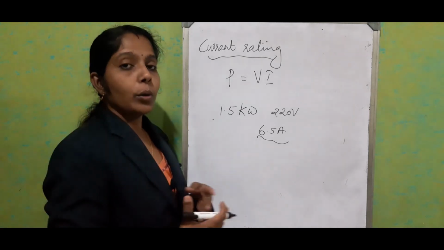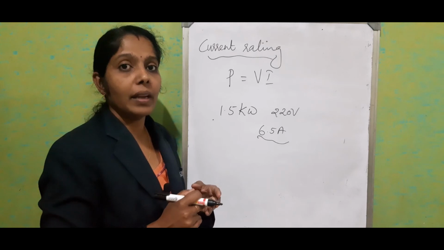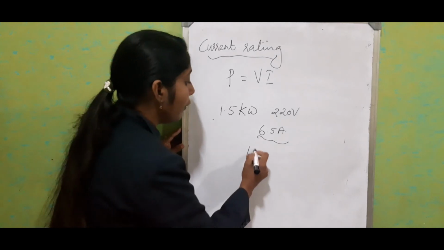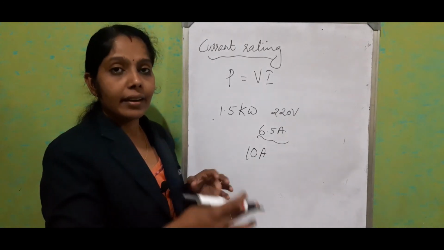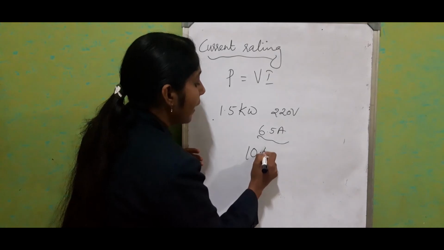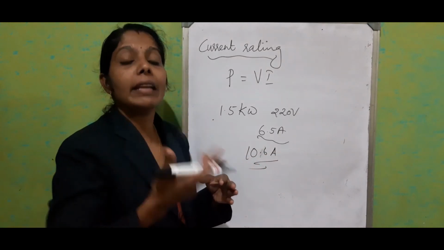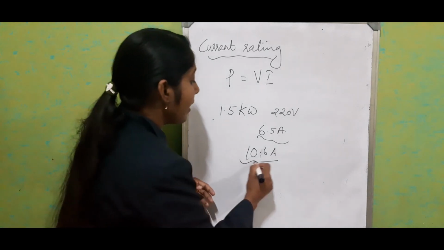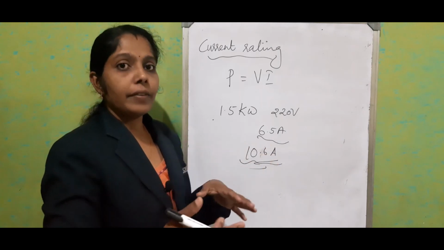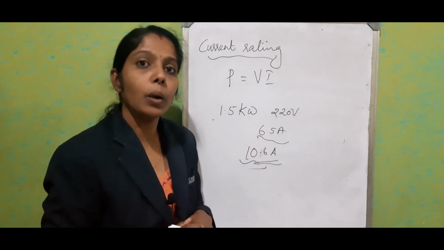But these kinds of motors, initially when we switch on the power supply, require a current in the range of 10.6 ampere. Just for starting, just for making the rotation initially, it needs a current of 10.6 ampere. But soon after that, within a few seconds, it requires only 6.5 ampere for its working.